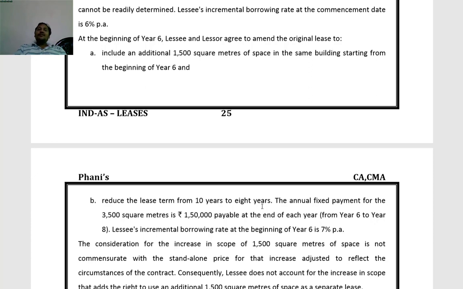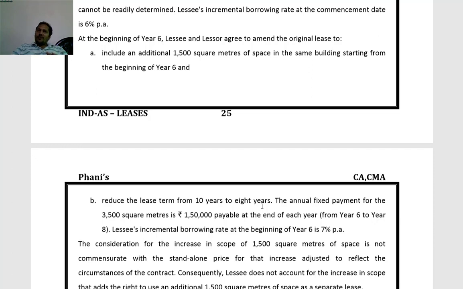Now, out of these two modifications, first we have to go for incorporating the impact of decrease in the lease term. That is, for the remaining 3 years, what is the lease liability we have to calculate, by considering the original lease rent only and the original discounting rate only.